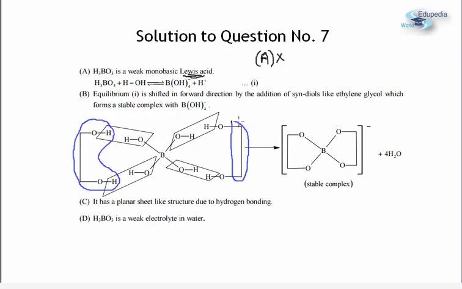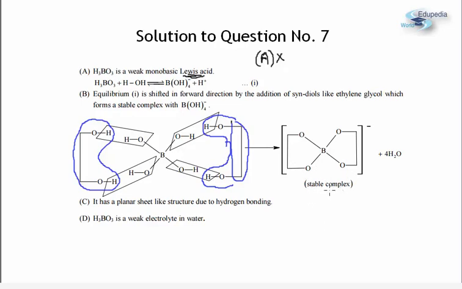Now as we add 2, I'll just complete it, redraw it. Okay, this one, fine. So when these 2 ethylene glycol molecules are added to an aqueous solution of boric acid, what happens is 4 water molecules are lost, 1 H2 from here, 1 H2 from here, and a ring type of a complex is formed.